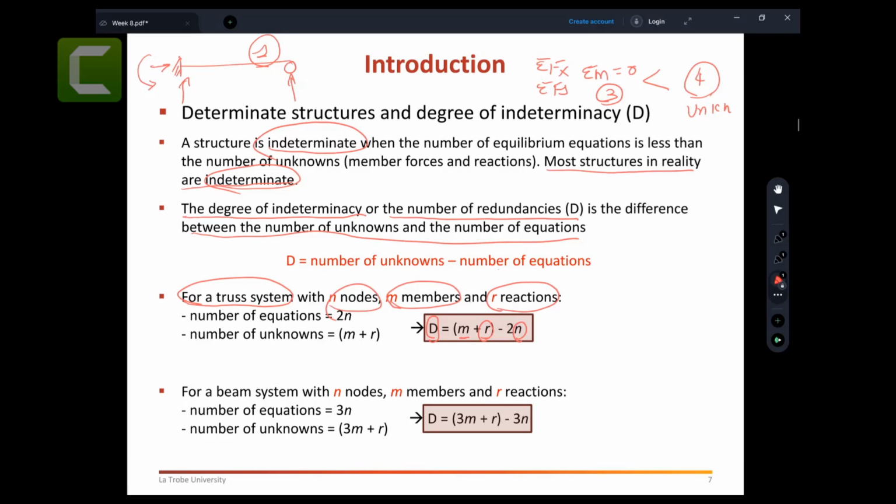We will take examples that will give you more insight into this equation. And for the beam, if you want to find the degree of indeterminacy D, you have 3m plus r minus 3n, where m is the number of members, r is the reaction forces, and n is the number of joints, right?